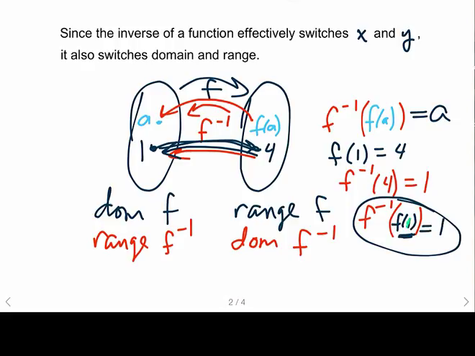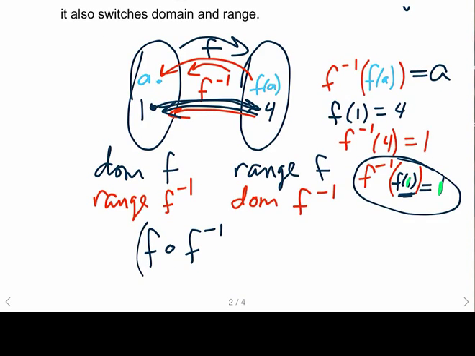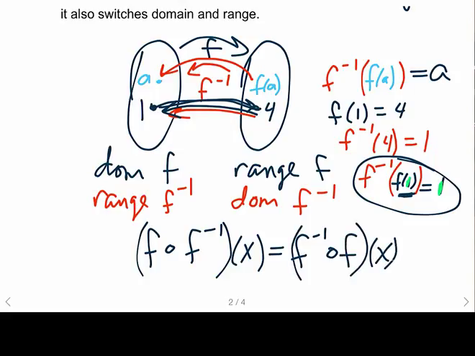Composing a function with its inverse spits back the original input. And so generically speaking, we could say that f composed with f inverse of some value x is the same thing as f inverse composed with f of x. If you're going to go back and forth, it doesn't matter which way you start, the answer is going to be x itself.